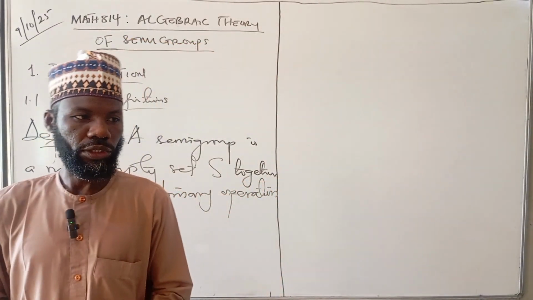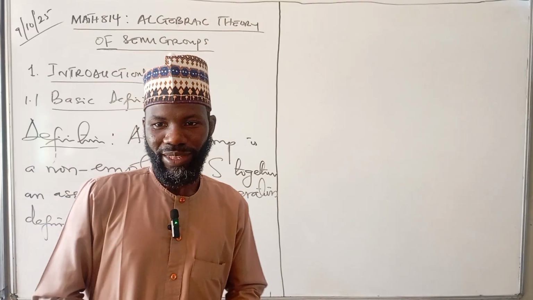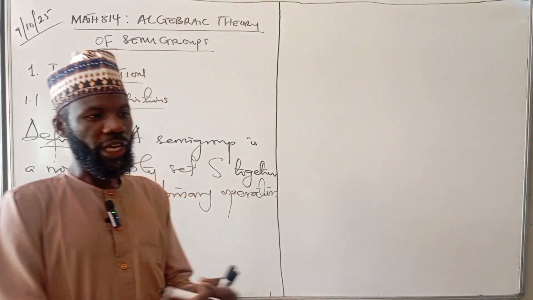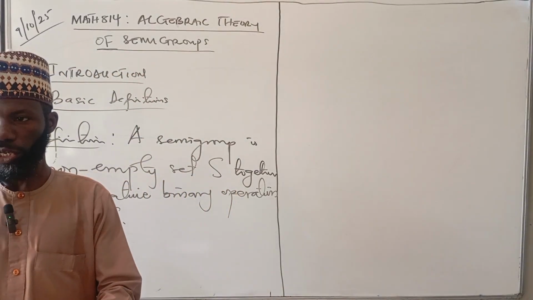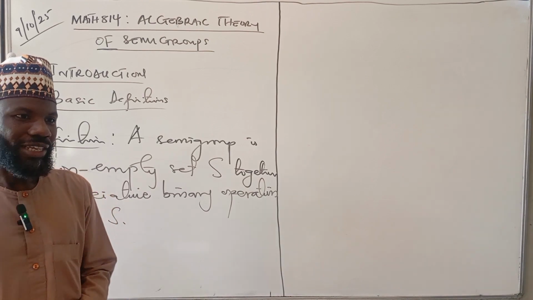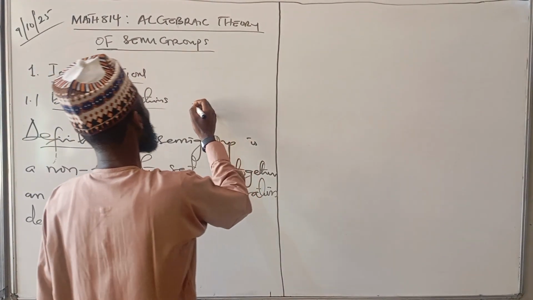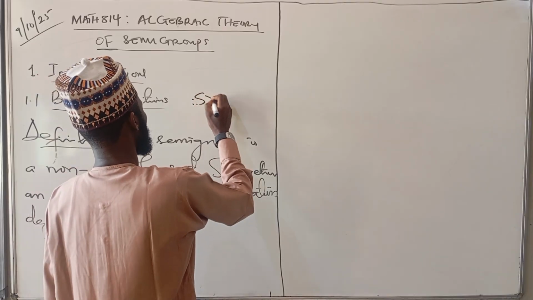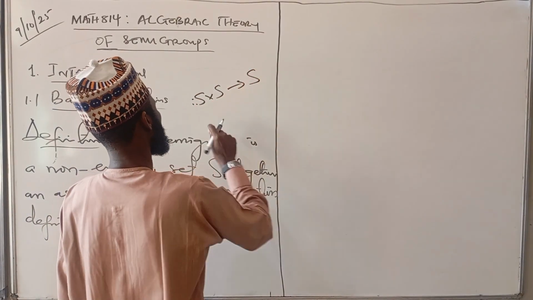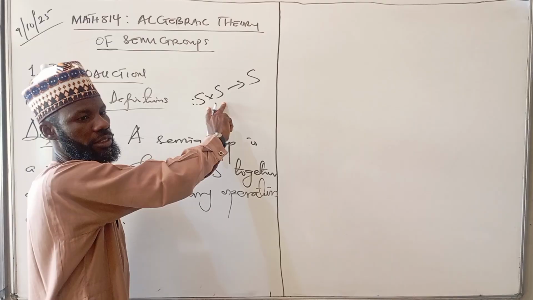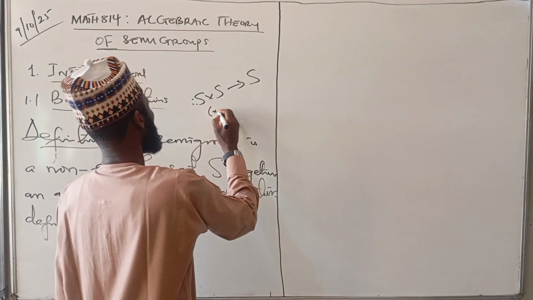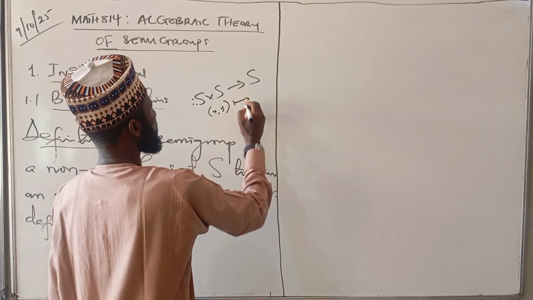What do we call a binary operation defined on S? That is a rule of combining two elements of S to produce a new element of S. So a binary operation is actually a map from S cross S to S. It takes a pair of elements and sends it to an element.